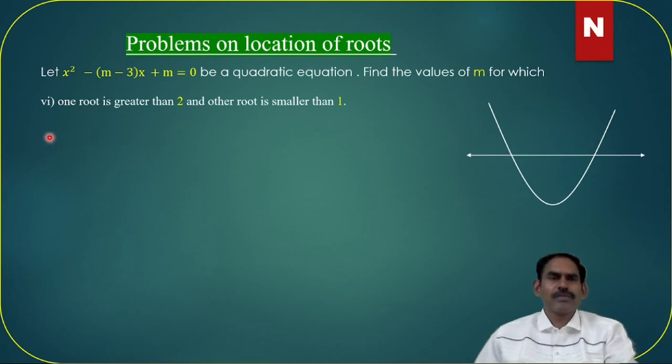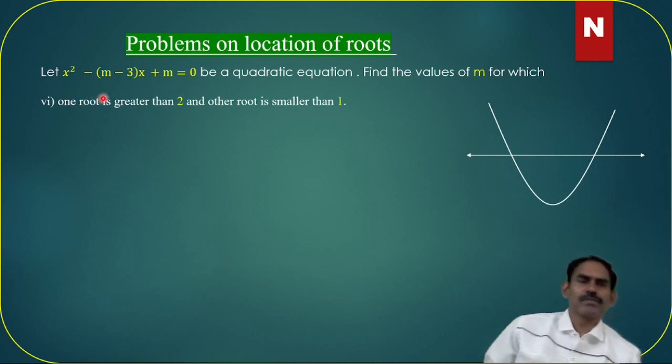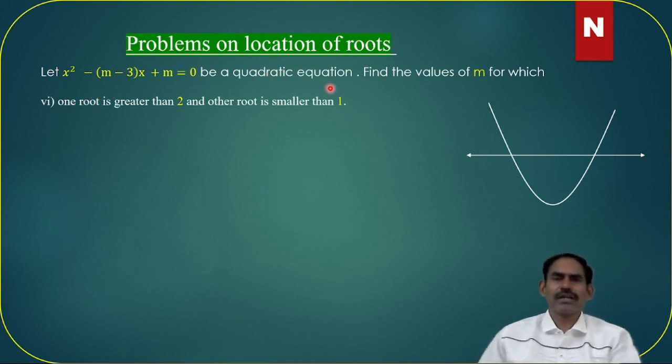The next problem is: let x square minus m into m minus 3 into x plus m equal to 0 be a quadratic equation. Find the values of m for which one root is greater than 2, other root is smaller than 1. Clearly, roots are different here according to data.